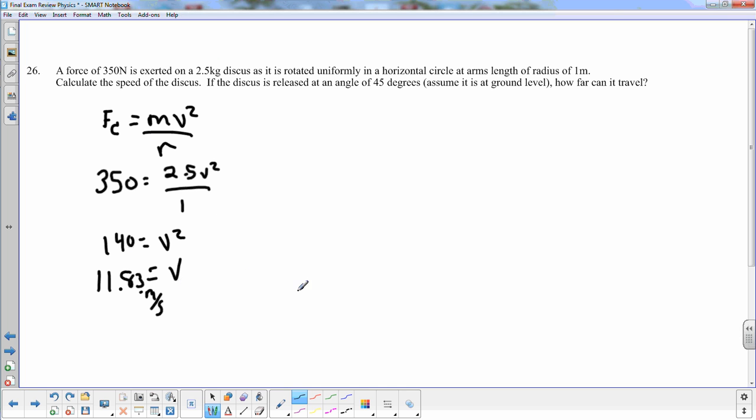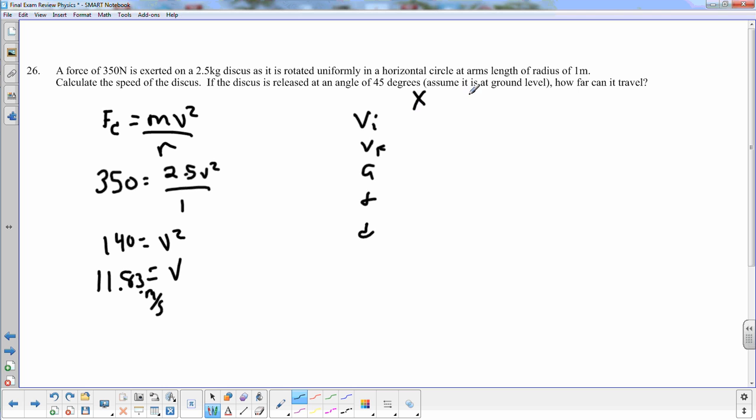Now I need to know this stuff. So we're going to have to make sure that our calculators are in degree mode. We'll do that right now. Okay. And we need to know the initial velocity in both the x and the y.